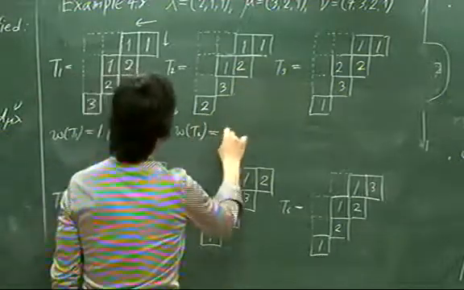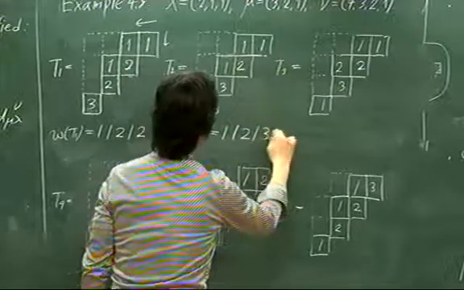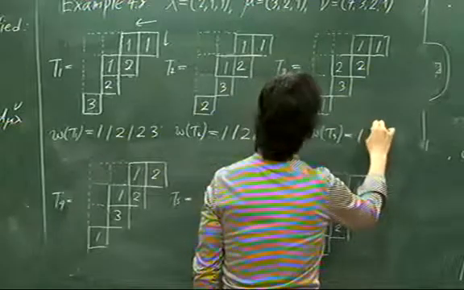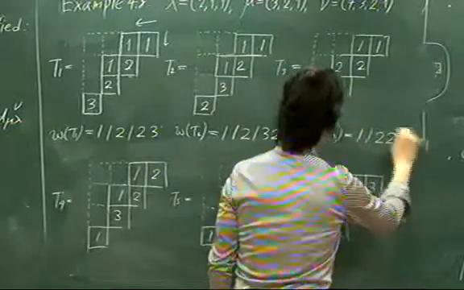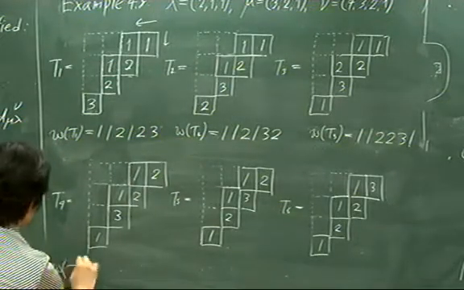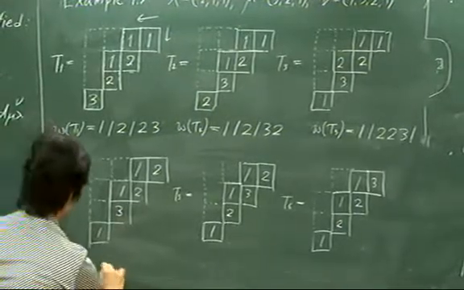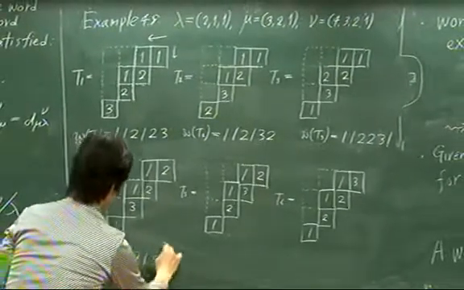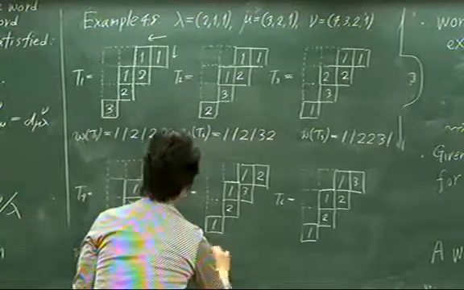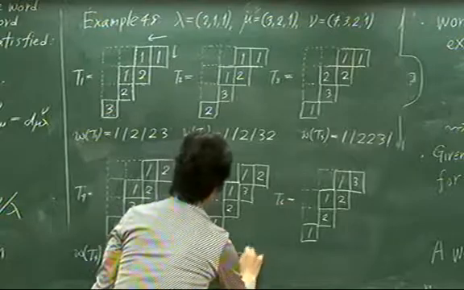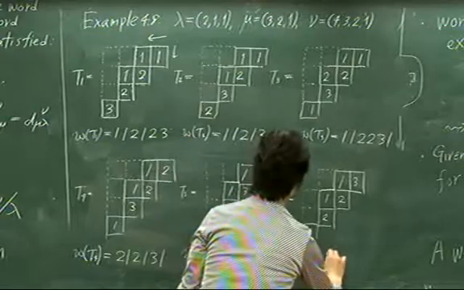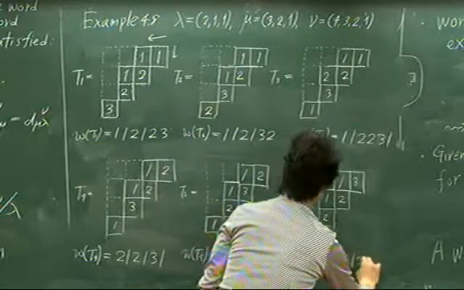W2 is 1, 1, 2, 1, 3, 2. W3 is 1, 1, 2, 2, 3, 1. W4 is 2, 1, 2, 1, 3, 1. W5 is 2, 1, 3, 1, 2, 1. And W6 is 3, 1, 2, 1, 2, 1.